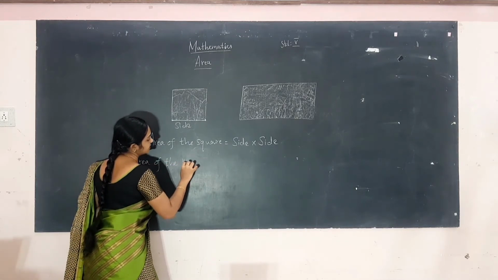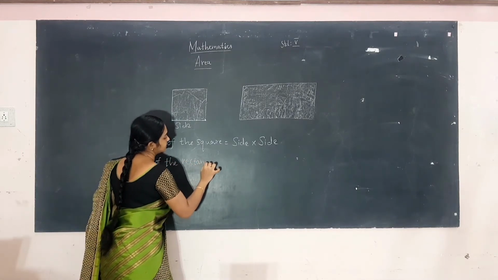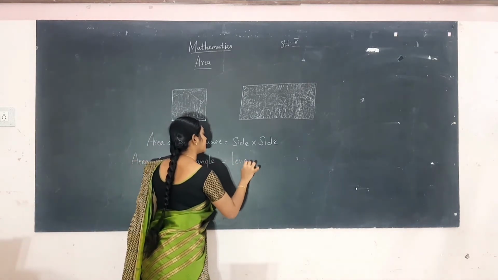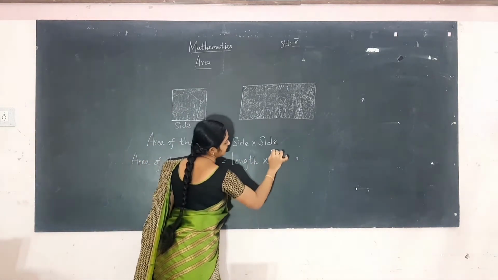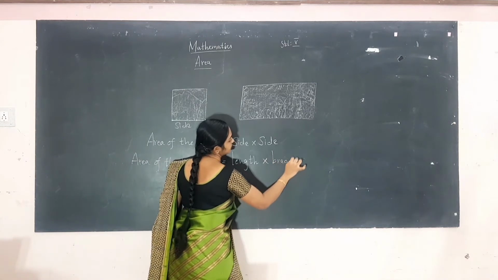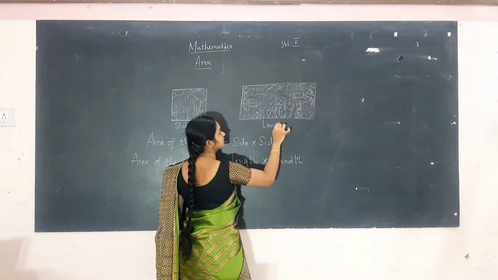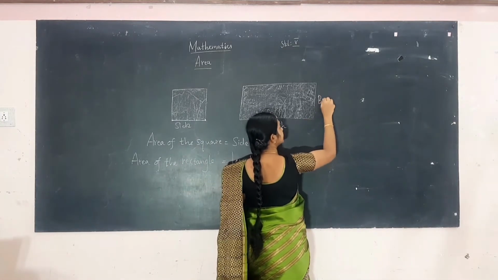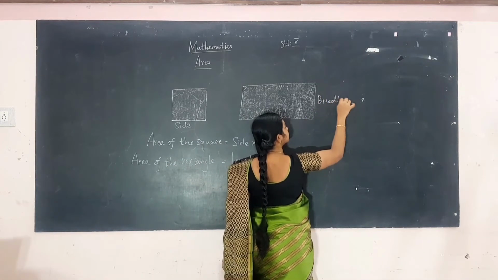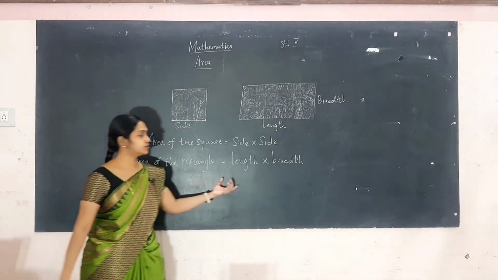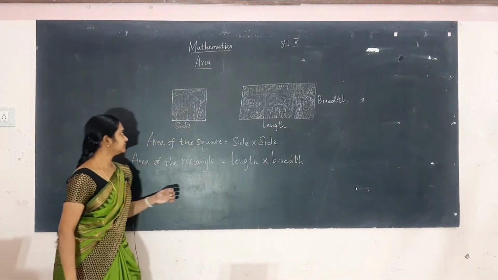Area of the rectangle is equal to length into breadth. This is the length and this is the breadth. So, area of the rectangle is length into breadth.